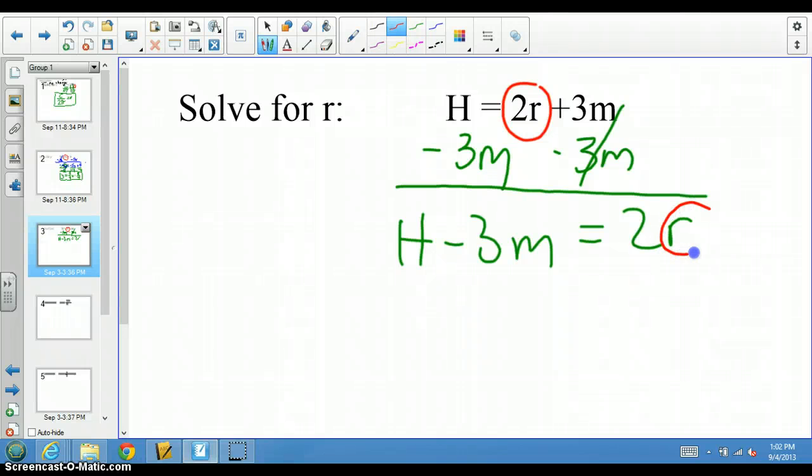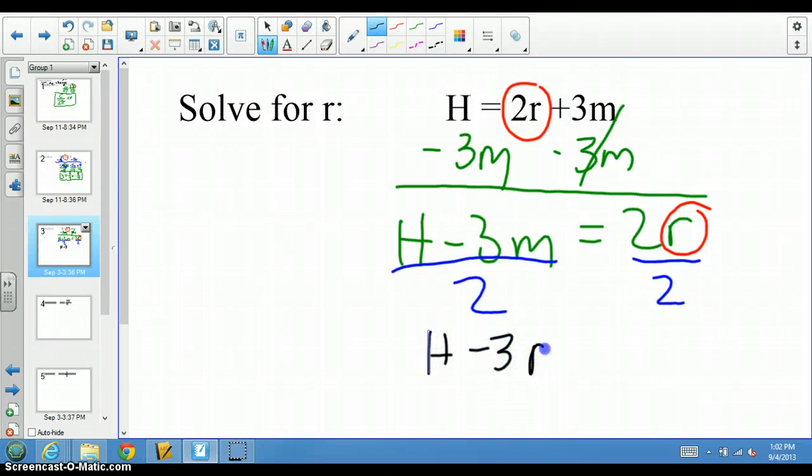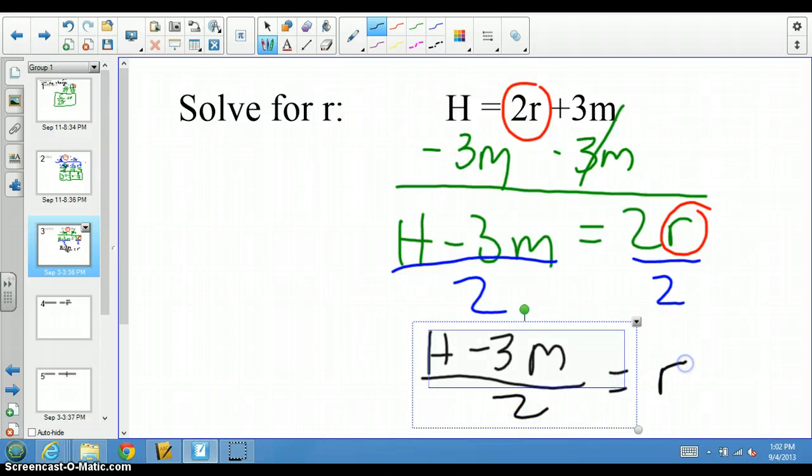Now I want to get this r all by itself. So remember, 2r means 2 times r, so we have to do the opposite and divide. I'm just going to divide both of these by 2. And for this one, I'm just going to leave it as h minus 3m all over 2 equals r.